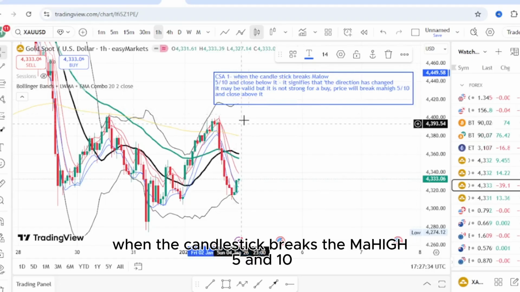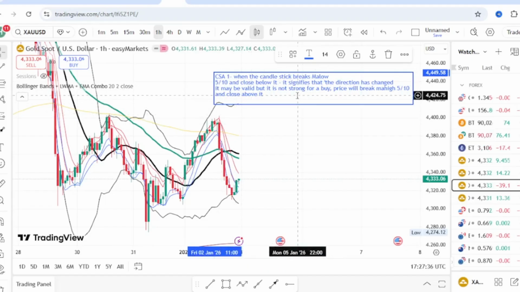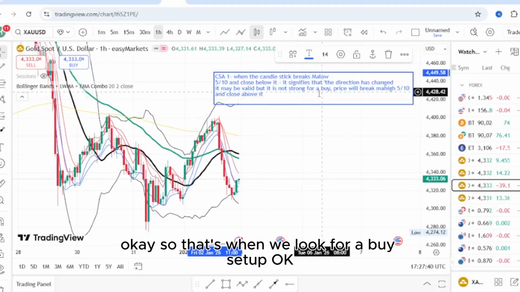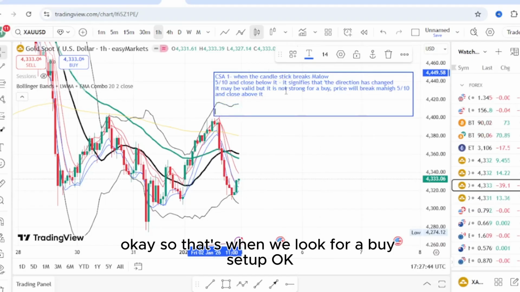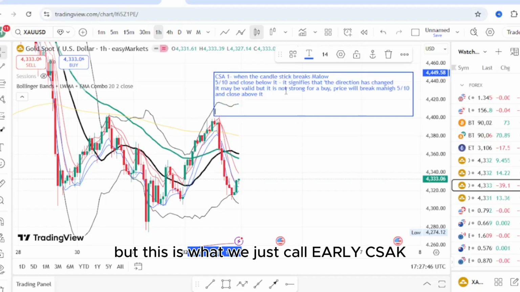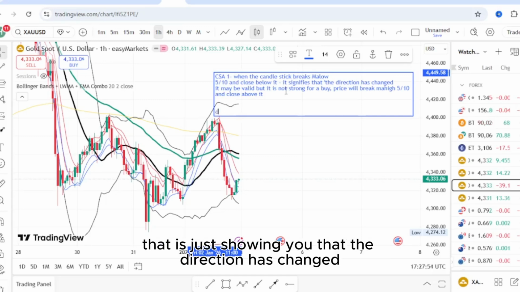That's when we look for a buy setup. But this is what we just call early CSA. It's just an early change of direction, showing you that the direction has changed. I would still call it a signal, just an early signal.